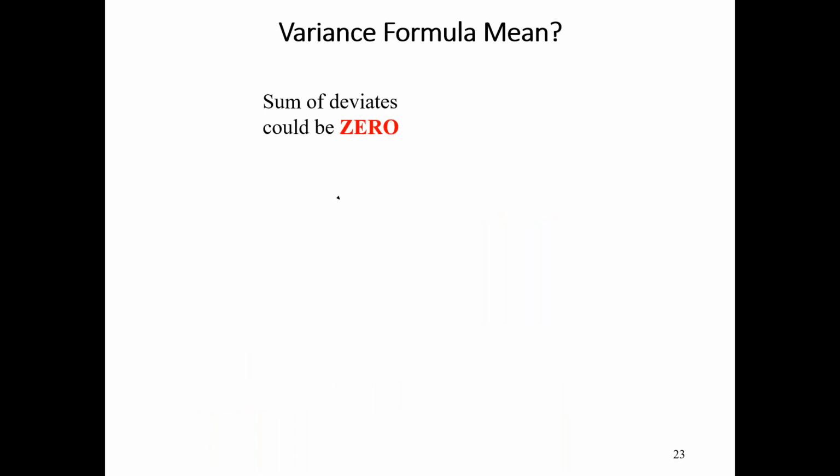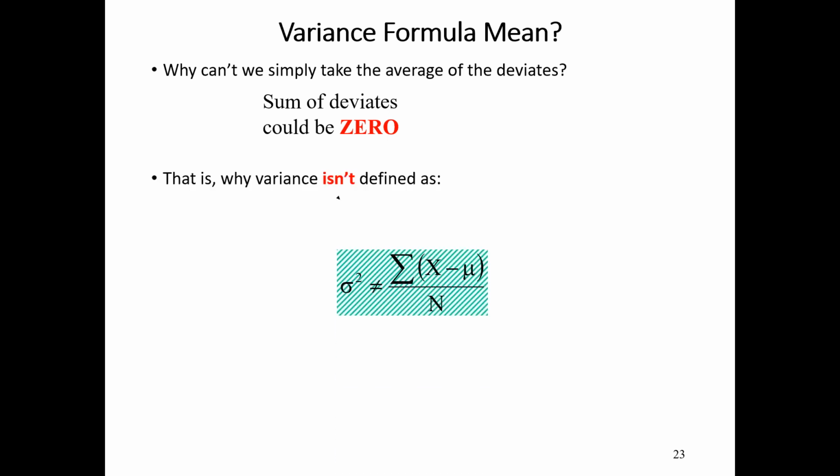So why can't we simply take the average of the deviates? As in that example, I have told you the sum of the deviates could be 0. Right? If I just take the differences, everybody adding up plus and minus, then it becomes 0. So that's why we get the value of the variance in terms of squaring. So you can look at this. If I talk about the variance, then it is not equal to this, that means only the absolute differences summation divided by n.